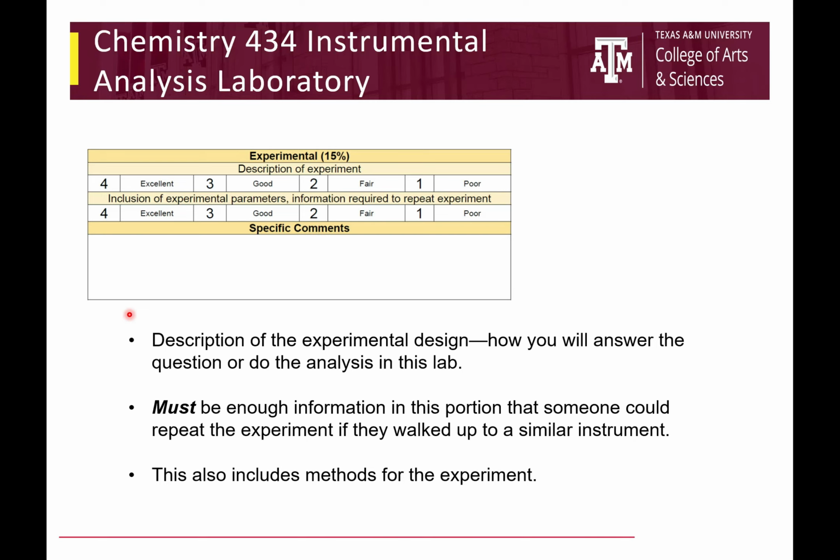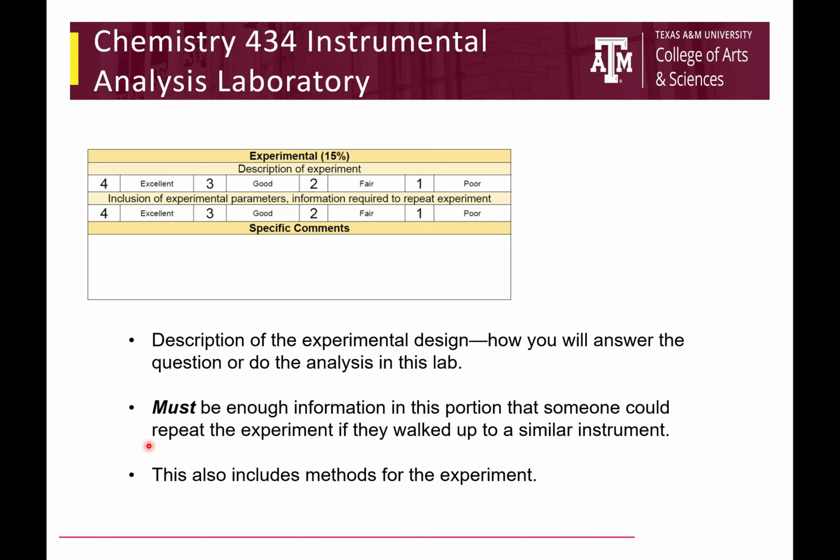That's a description of the experiment design: how you'll answer the question you identified in the first part of the introduction, how you're going to address answering that question, doing the analysis in the lab. There must be enough information in this portion that if somebody walked up to a similar instrument, they could repeat the experiment. For instance, if you're doing the HPLC lab, you have to know what column you used.